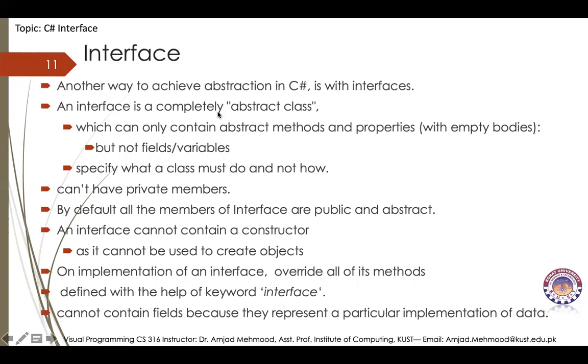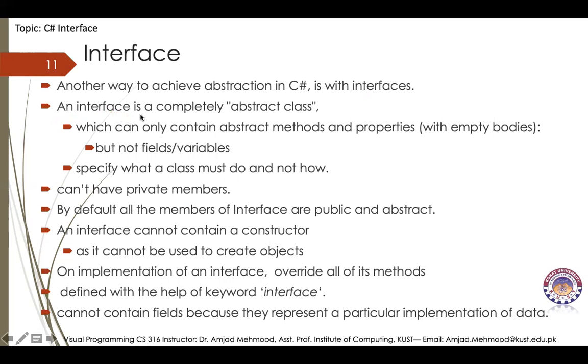This is another way to achieve abstraction. So interfaces are also used to achieve abstraction in C#. You can achieve abstraction using abstract classes or interfaces, but there are some differences. I'll explain that at the end.